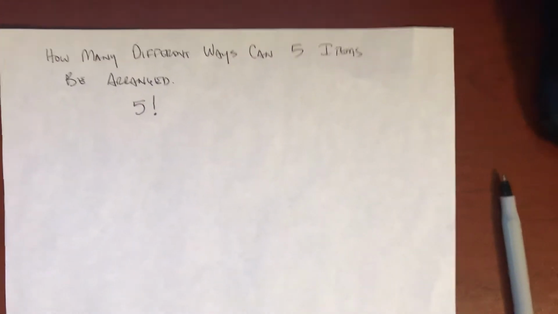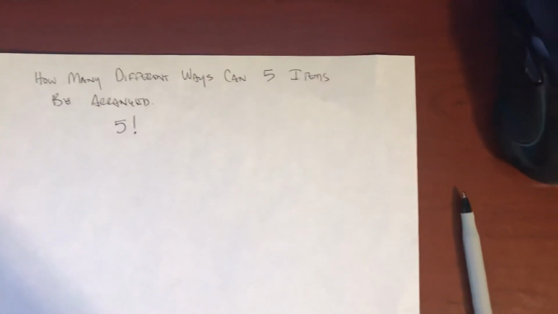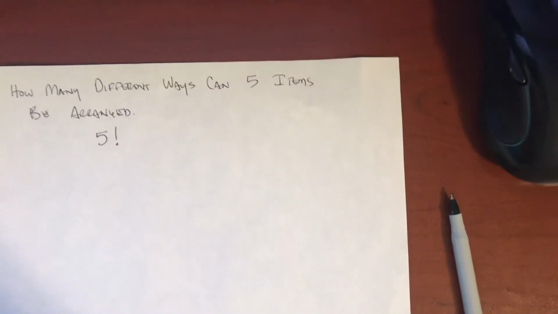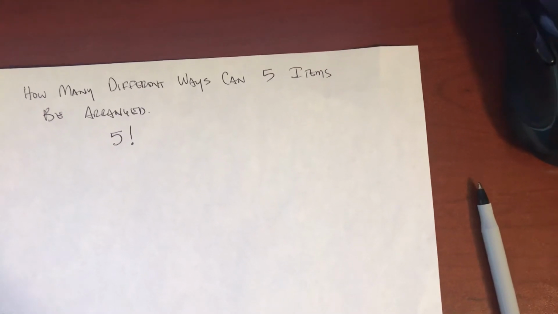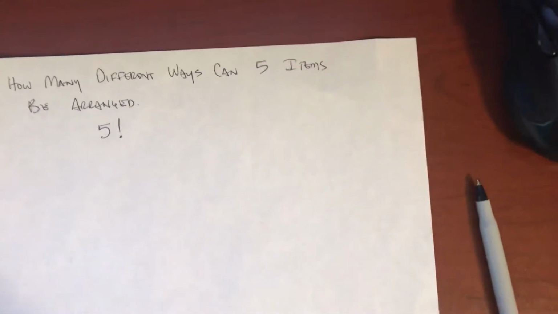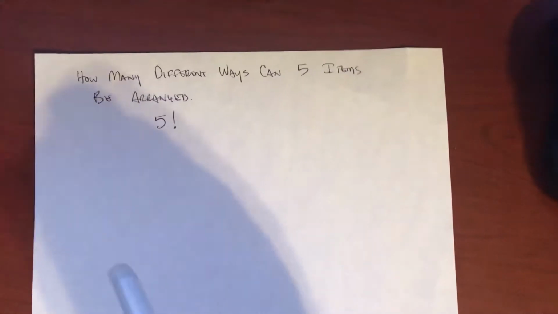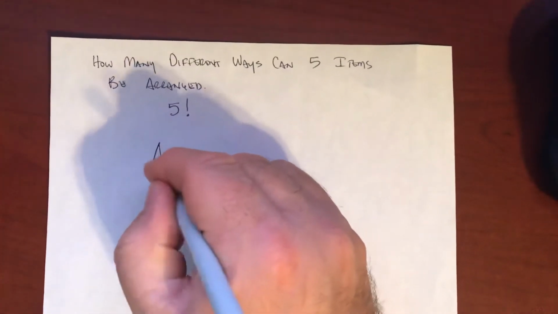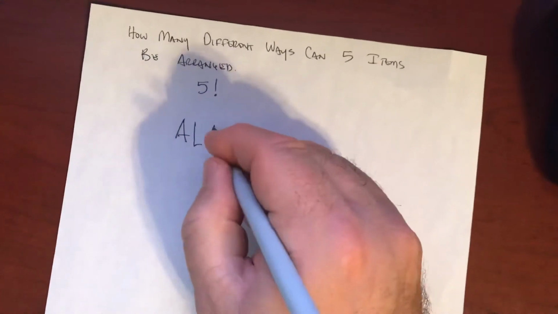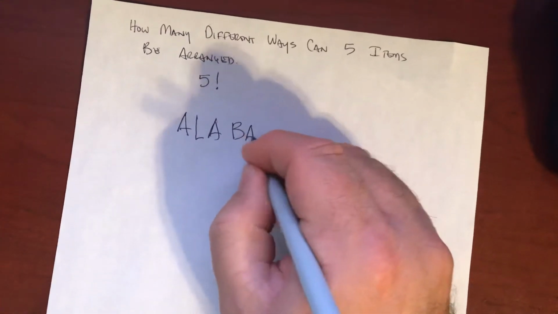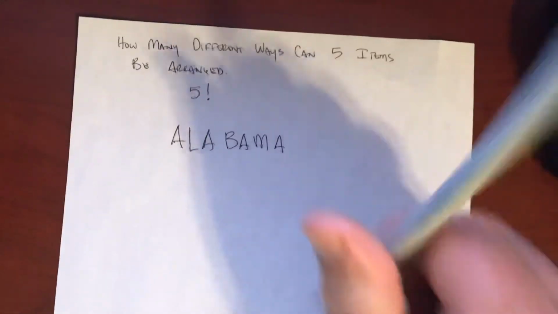Okay. Another idea behind this is a permutation of items when there are repetitions of one item in the list. For example, let's take the letters of the word Alabama.